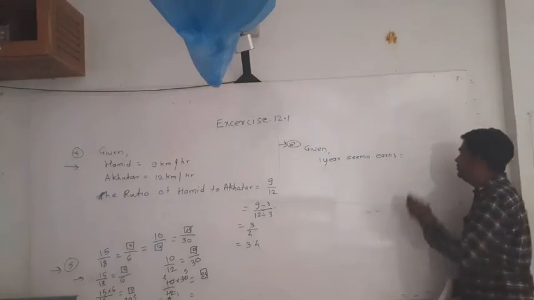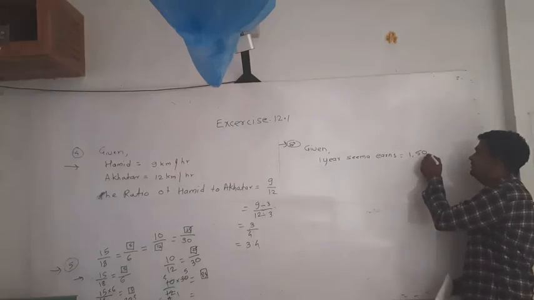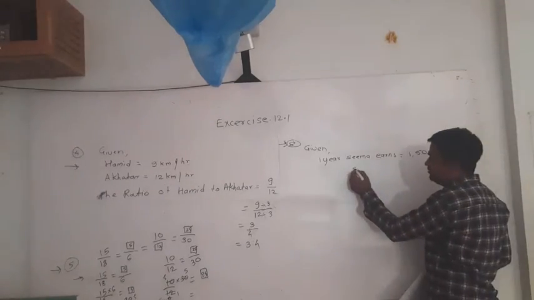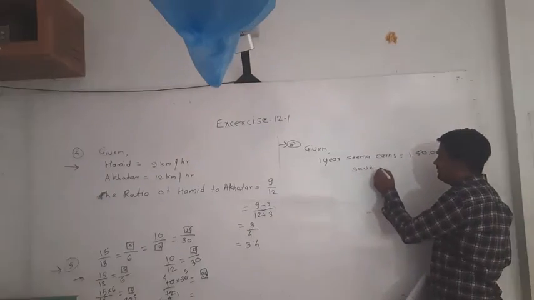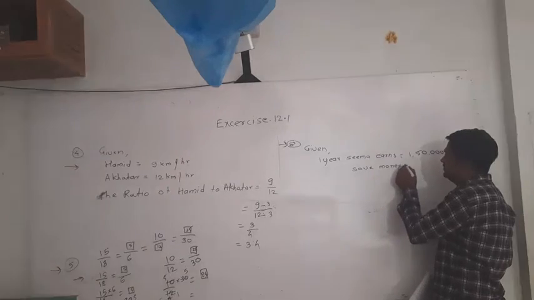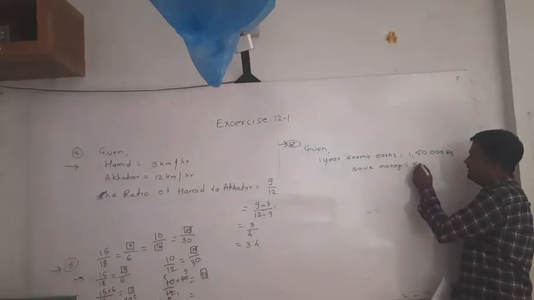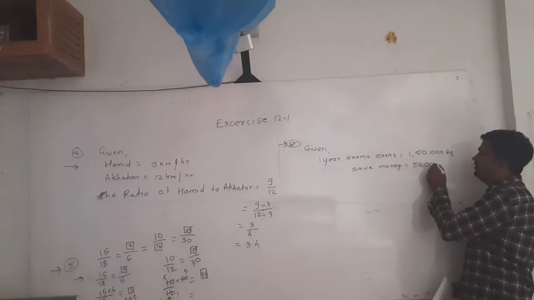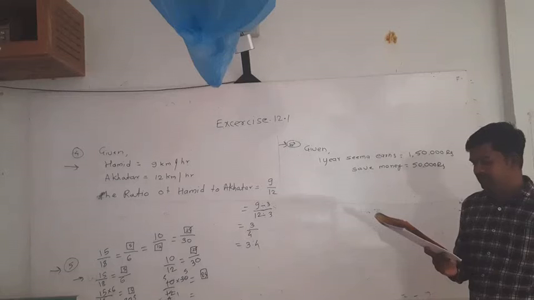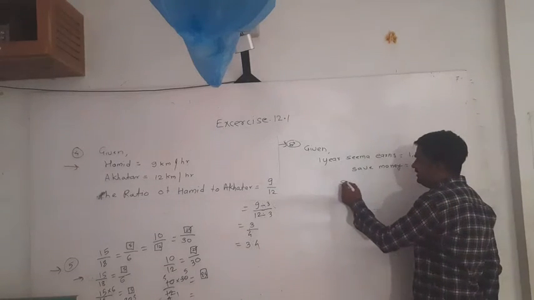How much does she earn? 1,50,000 rupees, and she saves money. Saving money, how much? 50,000 rupees. Now how much is the spending money?